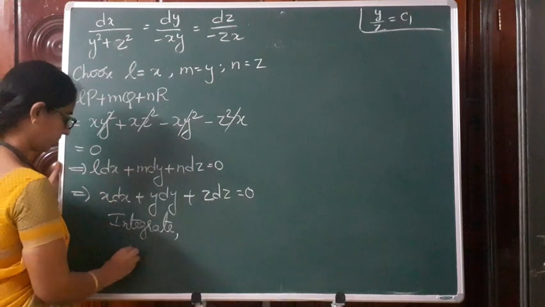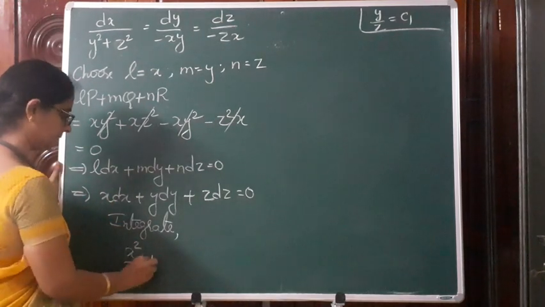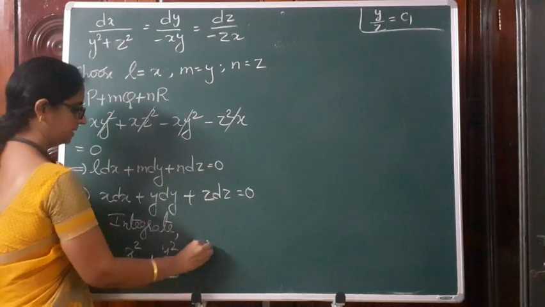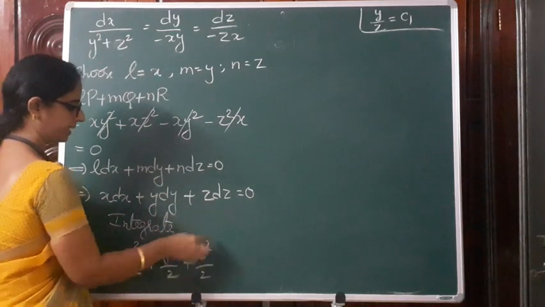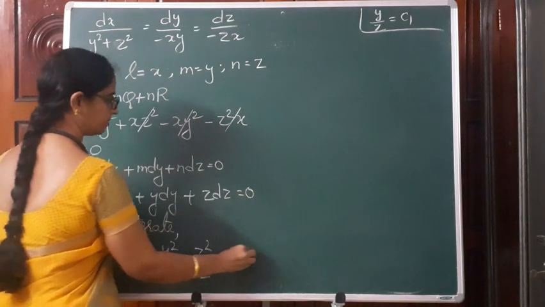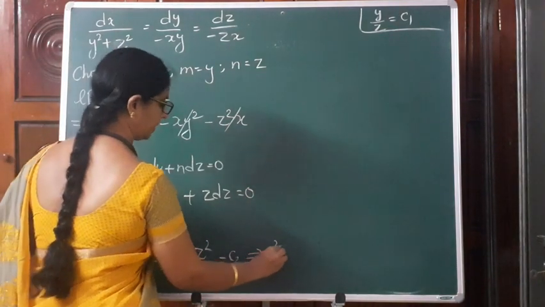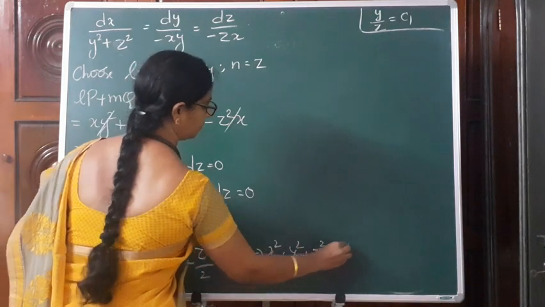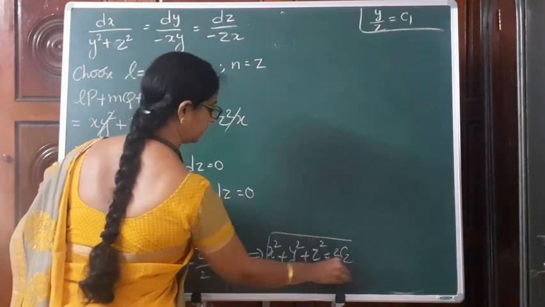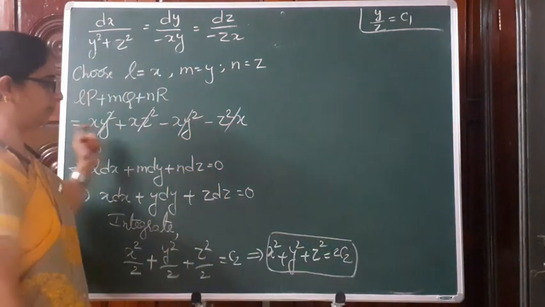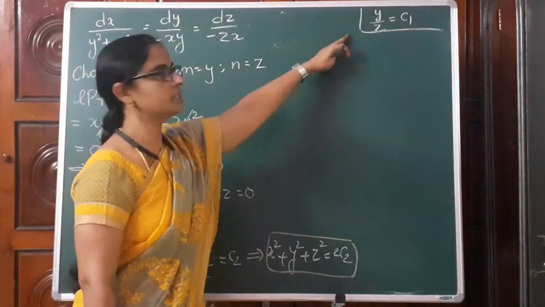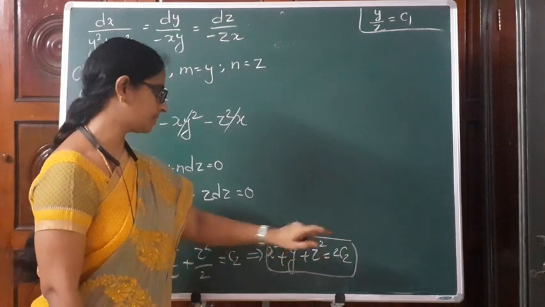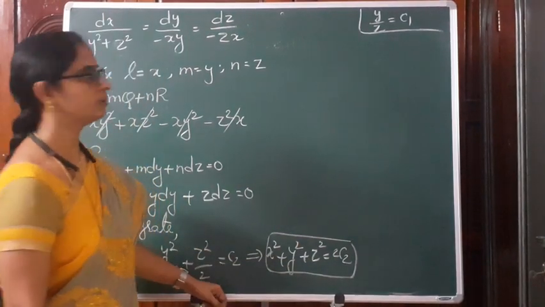Integral of x is x square by 2, integral of y dy is y square by 2, plus integral of z dz is z square by 2 is equal to c2, or x square plus y square plus z square is equals to 2c2 or any other constant. So we obtain two independent solutions. One is y by z is equal to c1. Another one is x square plus y square plus z square is equal to 2c2.